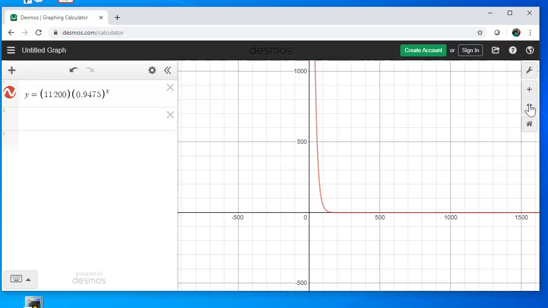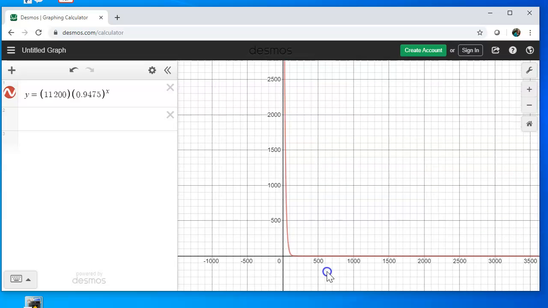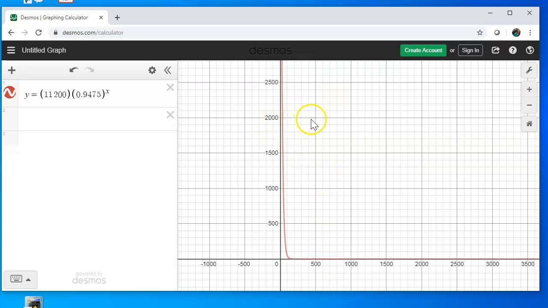It's back in that spot, but I want to know where it's going to hit at 2,000. So I definitely want to make sure that 2,000 is in here. And then the other equation that we're going to do is we want to make a line, y equals 2,000, so I can tell where those two graphs would intersect each other.